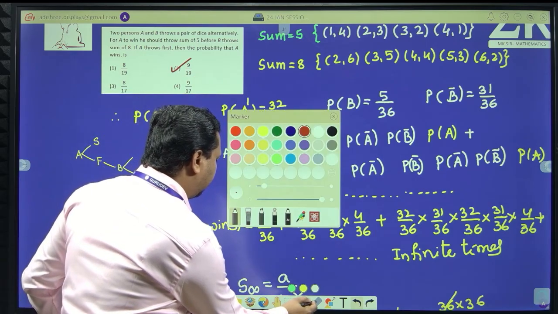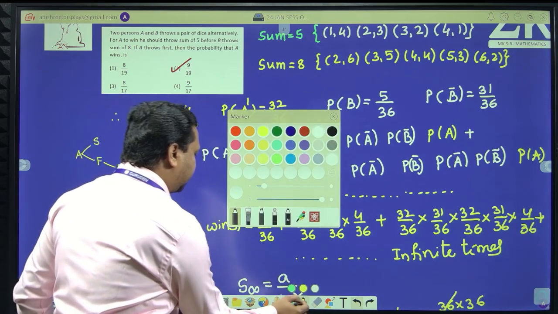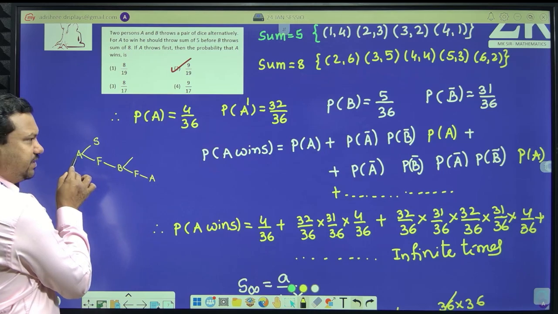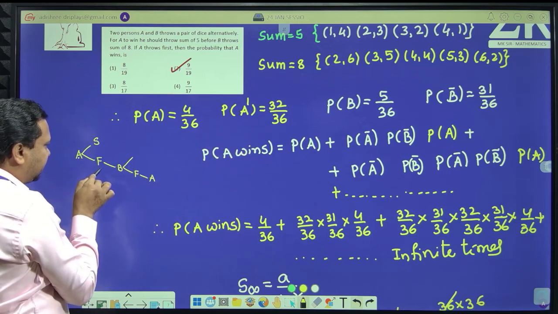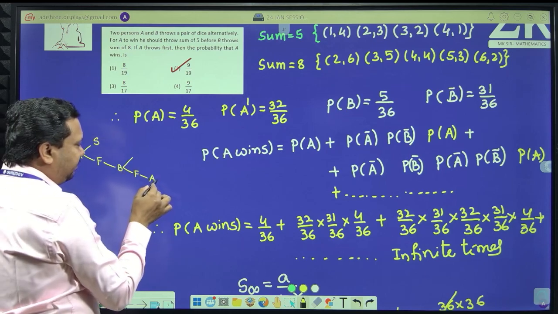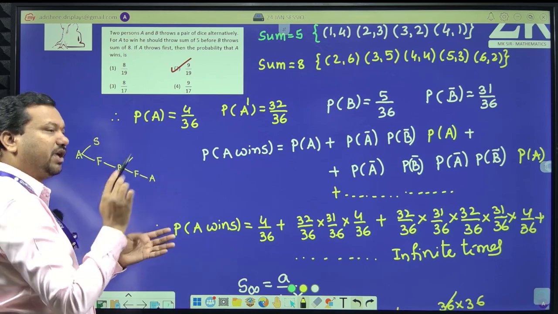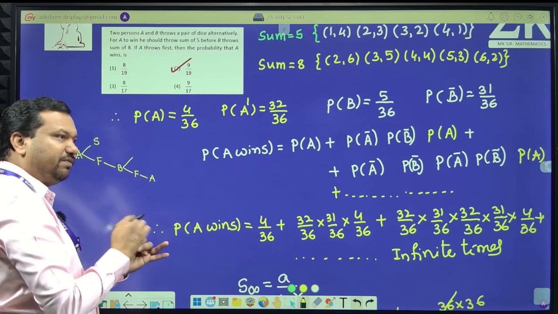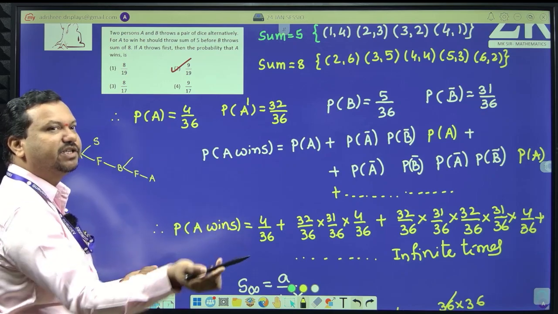See, while solving, I have just taken care of this policy which you have to take care. A wins, A success, that is the first probability. A fails, then B fails, then A wins. Again if A fails, then you have to take care: A fails, B fails, A fails, B fails, A fails, B fails, seventh time A is going to win.